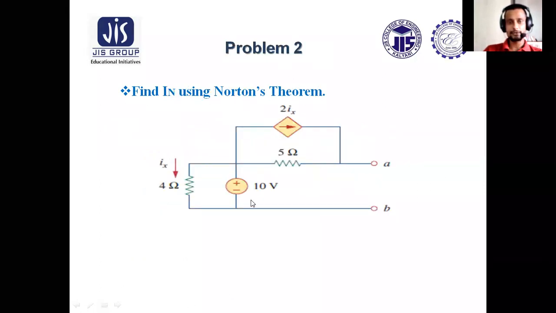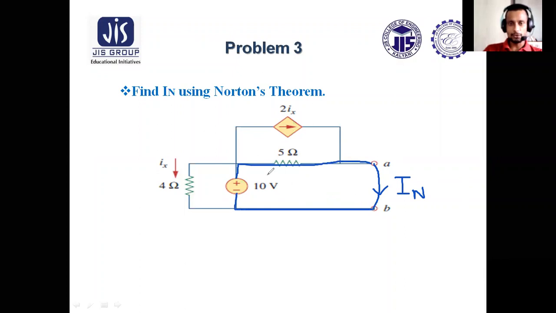Let us now move to this problem. Find Norton's current. Only Norton's current is asked to be determined. So what we need to do? We need to short circuit this and find ISC or IN through this. Whenever it is shorted, we can apply KVL in this loop.